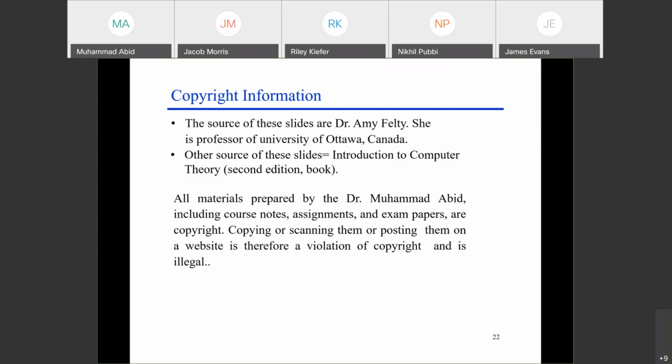So I got this help from Dr. Amy Felty, but later I added so much material to those slides and expanded them a lot. But the initial slides were from Dr. Amy Felty. And besides that, I used the second edition of this book, which is also one of the major sources of information.